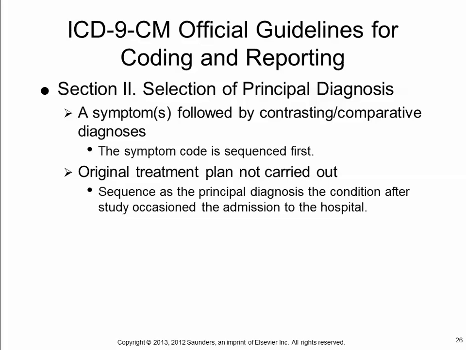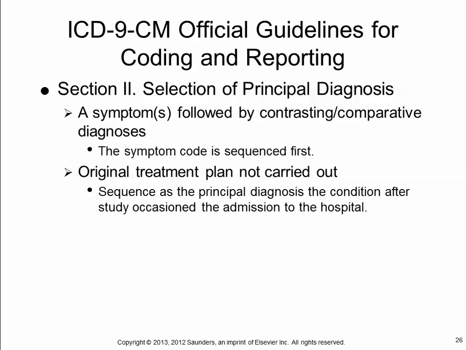So it would be fever, and then you would see either pneumonia or influenza. And if you have that and you have fever stated, then you're going to sequence fever first. Okay?